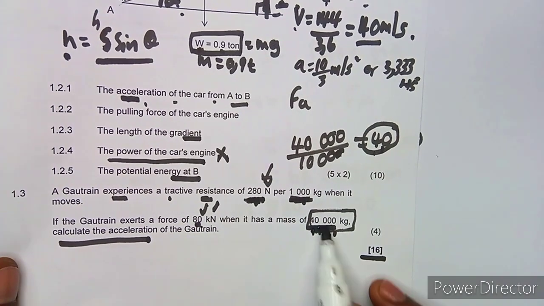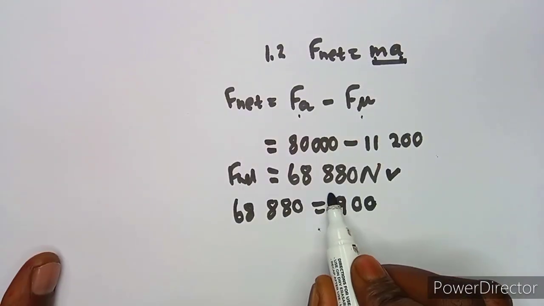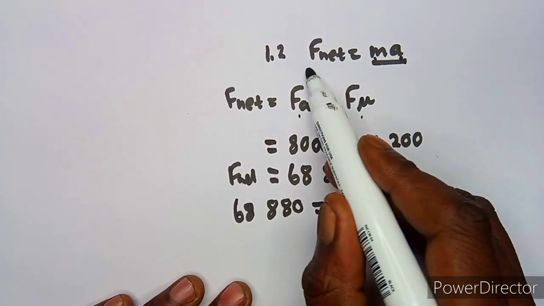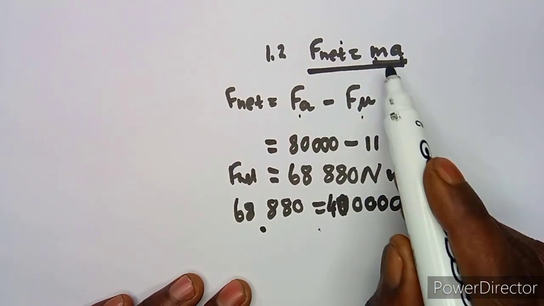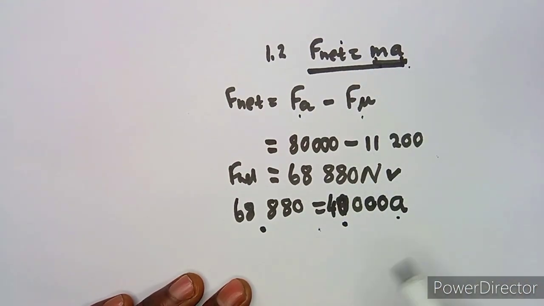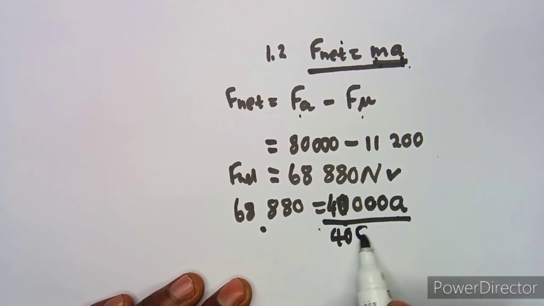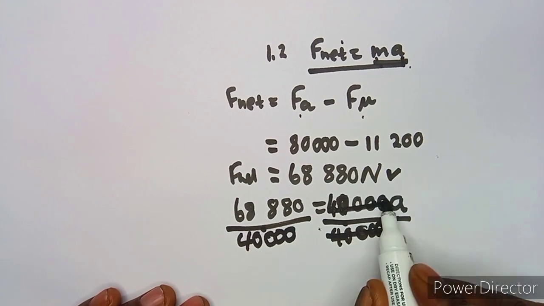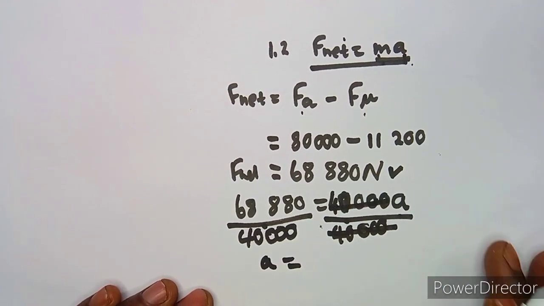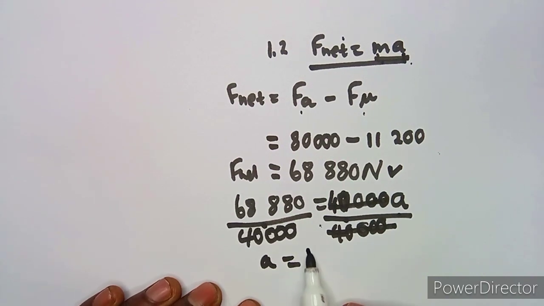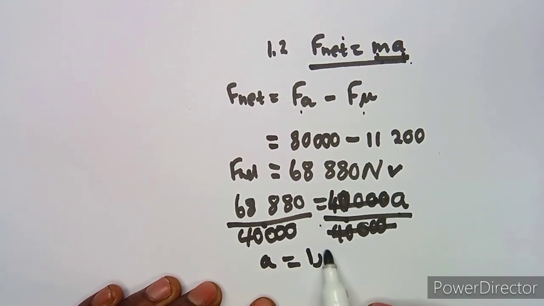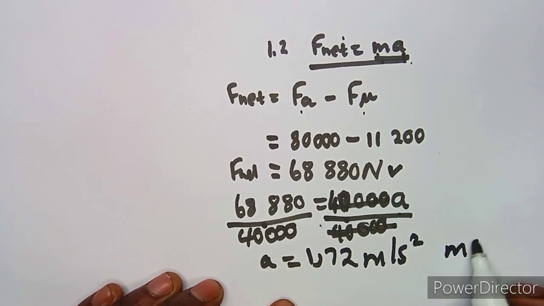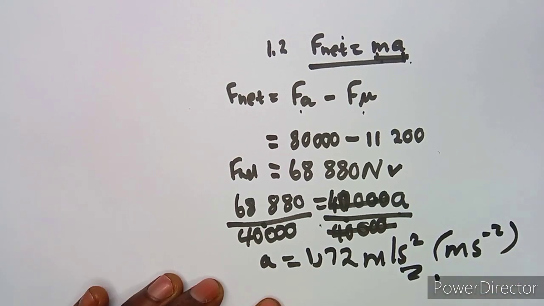So we use this formula, F net equals mass times A. You want to calculate A, so you divide by 40,000. That's going to give us the acceleration of the train, which is 1.72 meters per square second. You can write this as m/s squared, it's one and the same thing.